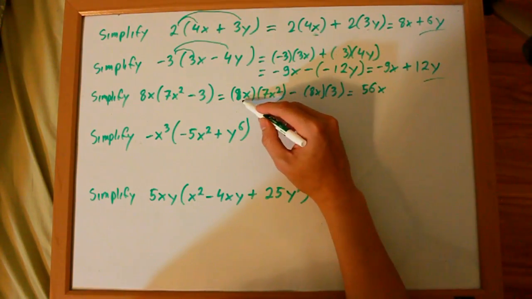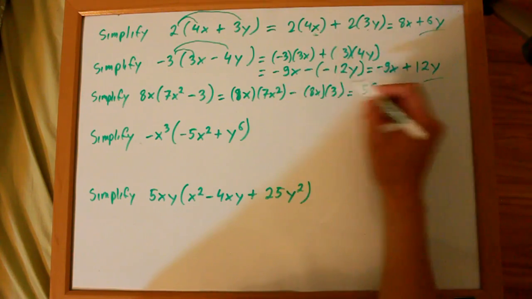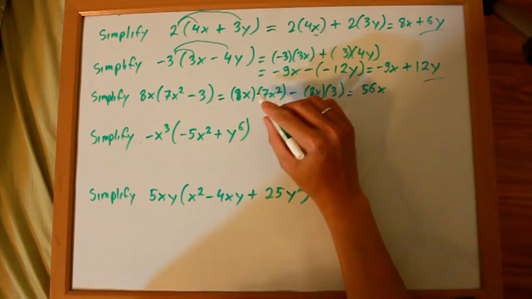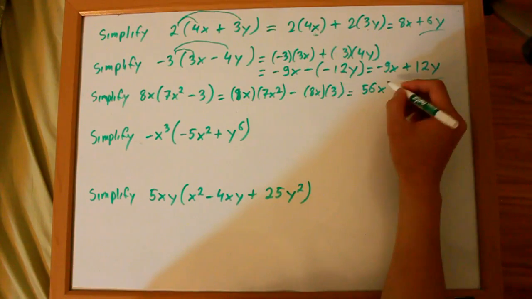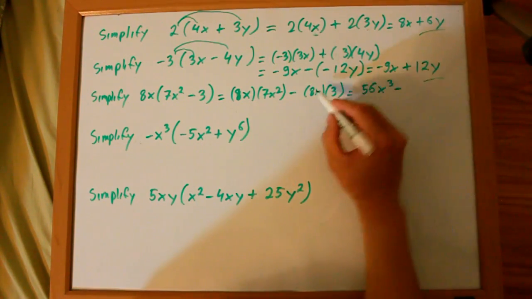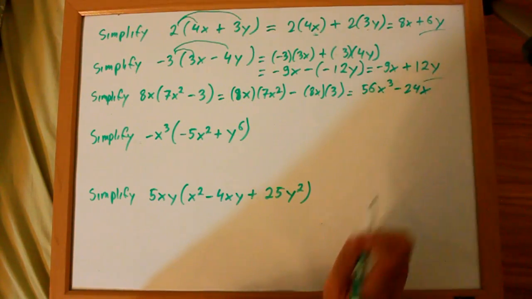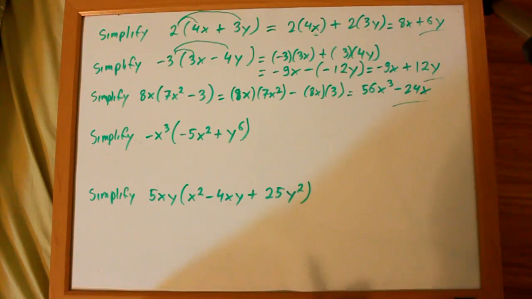Remember, when you multiply the same variable with a different power, you just add the powers. So x to the power of 1 plus 2 is x cubed, minus 24x, and that's our answer.